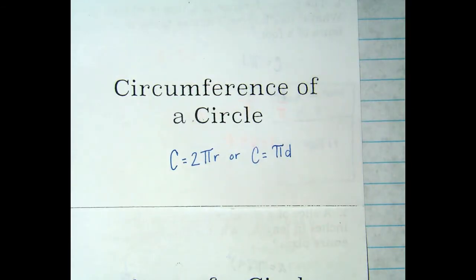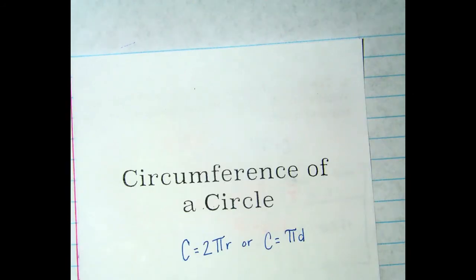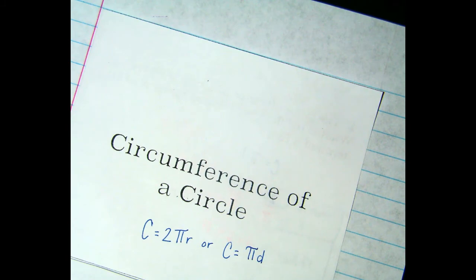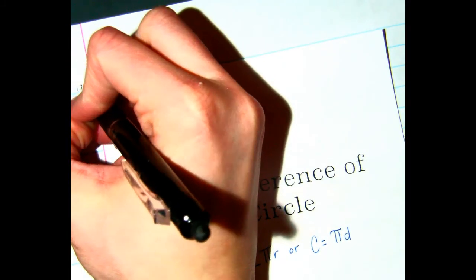Alright, the title for page 128 is 16.1. Circumference and area of a circle.